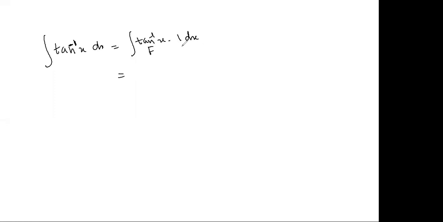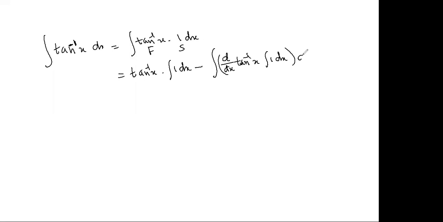This is the first function, this is the second. First function into integral of 1, minus integral of derivative of first, integral of second, all into dx. That became tan inverse x into x, minus derivative of tan inverse x, 1 upon 1 plus x square, into x dx.